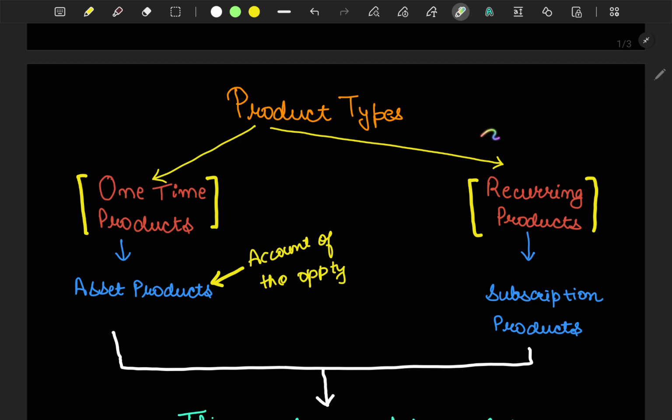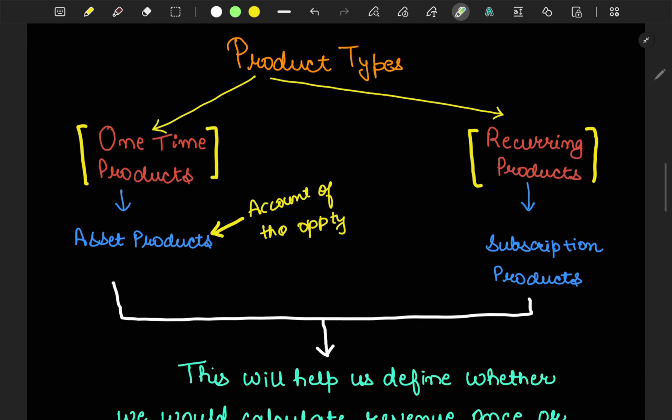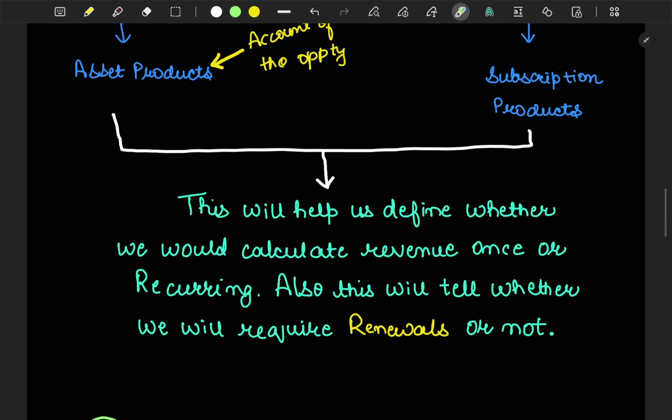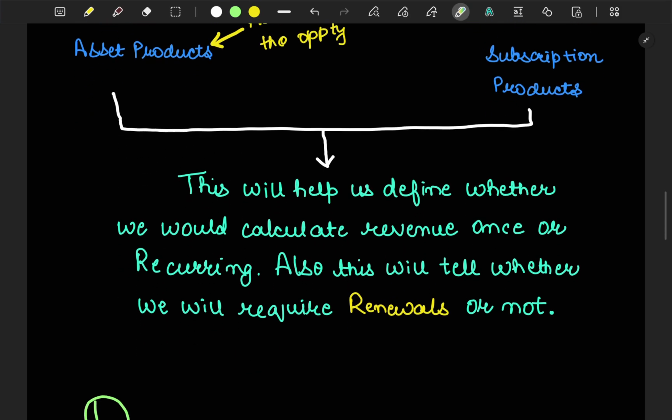Recurring product means it could be a service, right? Let's suppose you are using Netflix. Again, this is a subscription-based product because monthly you have to do a recharge for n number of rupees. Now this will help us determine how we are calculating the revenue. Asset products and subscription-based products mean one-time and renewal products.